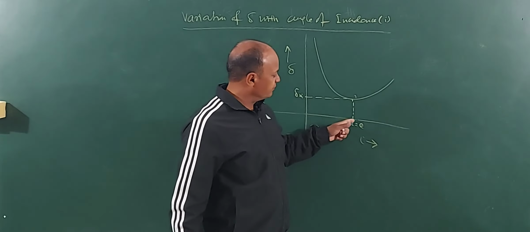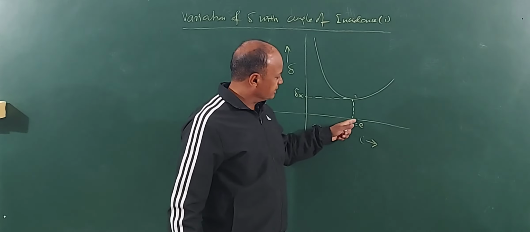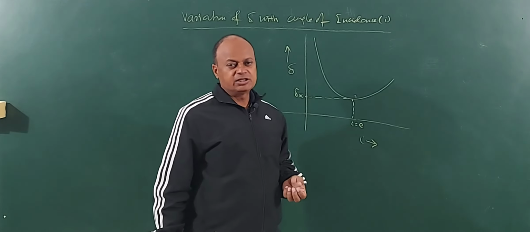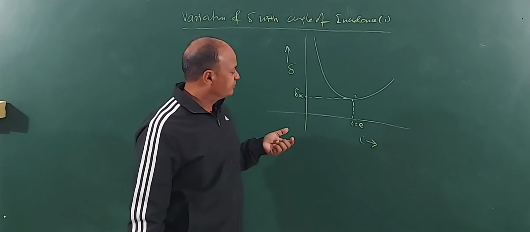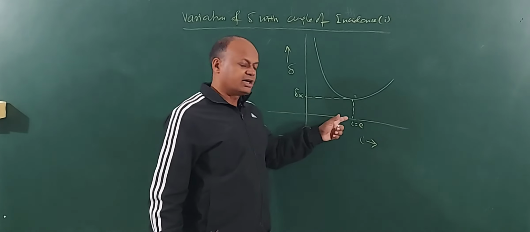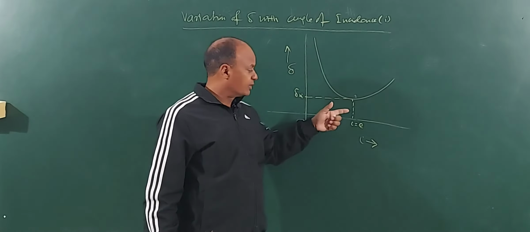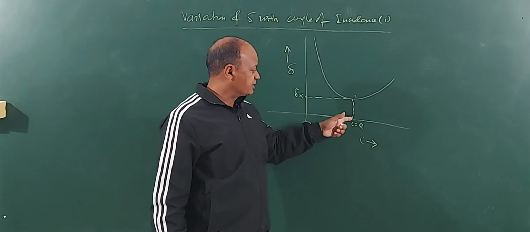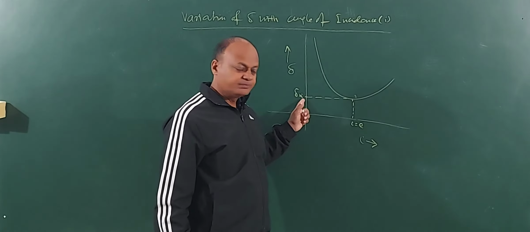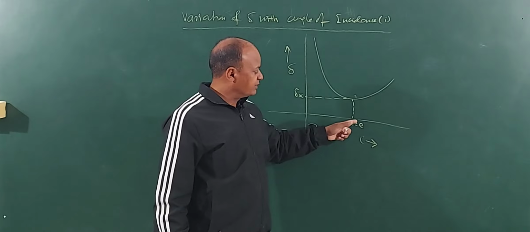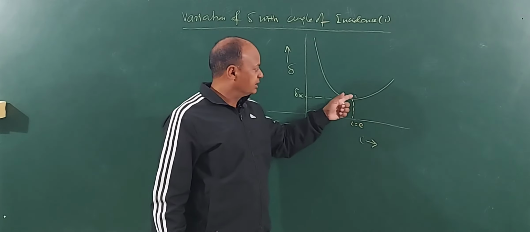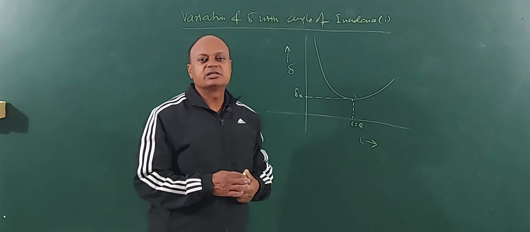If you increase the angle of incidence beyond this point, then you can see angular deviation again starts what? Increasing. Clear? So what do we infer from the graph? With increase in angle of incidence, angular deviation goes on decreasing. For a certain value of angle of incidence, angular deviation becomes minimum. If the angle of incidence is increased further, then angular deviation starts increasing.